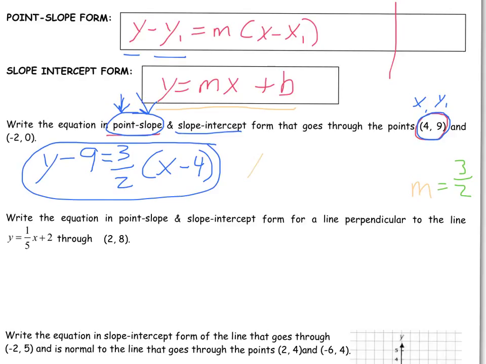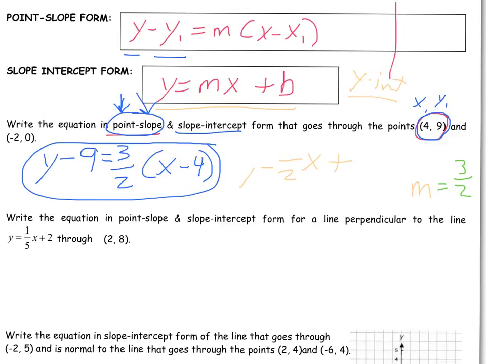And we write it as y equals my slope 3 over 2 times x plus b, which is my y-intercept. I don't have my y-intercept, but remember, if we don't have the y-intercept, we can change our point slope form to make it into slope intercept.